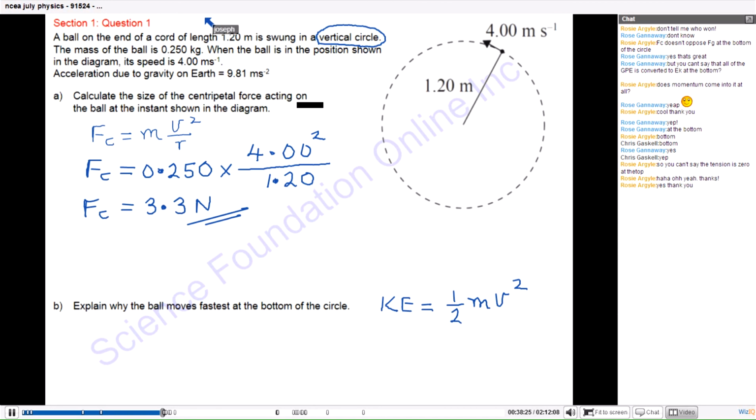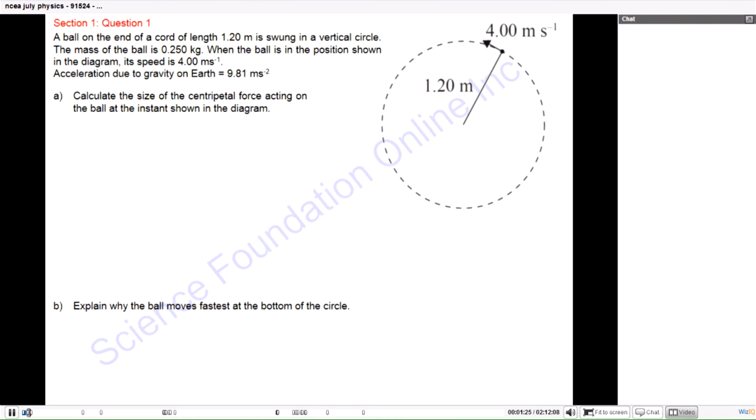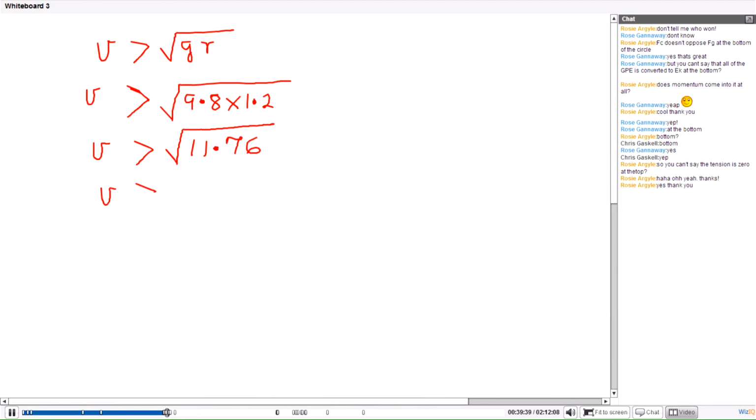So v must be greater than the square root of 9.81 times 1.2, so v needs to be greater than the square root of 11.76. And when you get the square root of that, it needs to be greater than 3.4 meters per second.